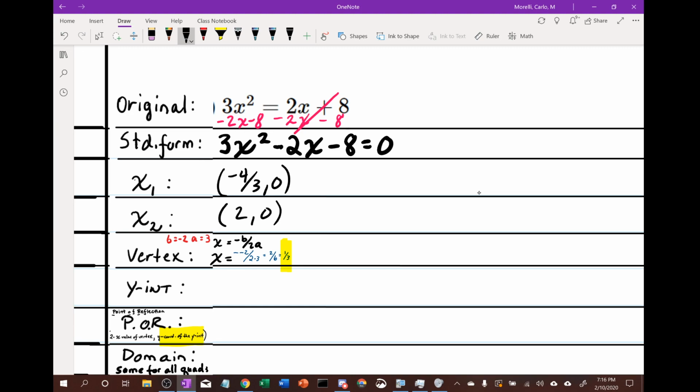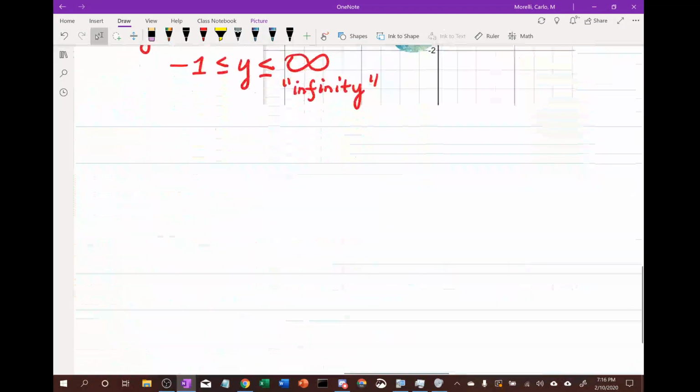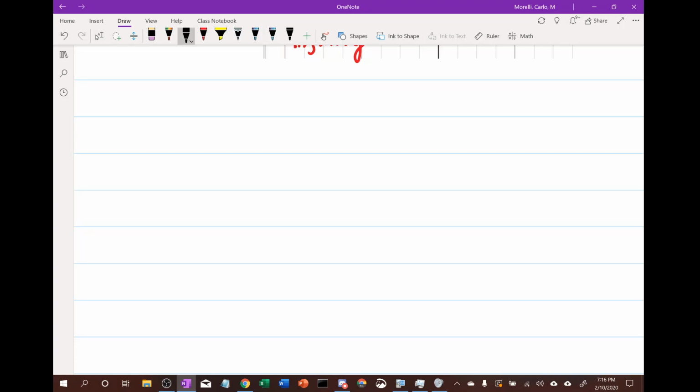Okay, I'm going to have to copy this or just write it again. 3x squared minus 2x minus 8. And we're going to write f of x equals 3x squared minus 2x minus 8.